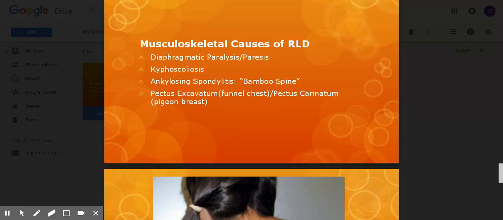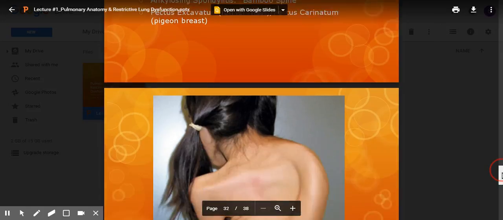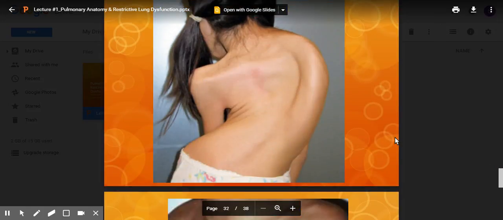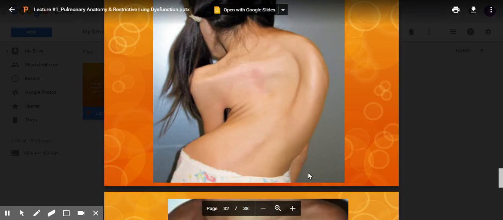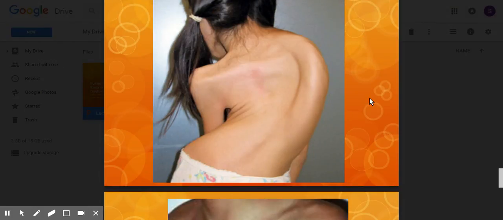In those cases where people have significant kyphoscoliosis, I'm going to show you a slide here. We always look at this from a musculoskeletal standpoint and look at what are all of the things that are being impaired in terms of upper extremity functionality, gait, posture, ability to do things.